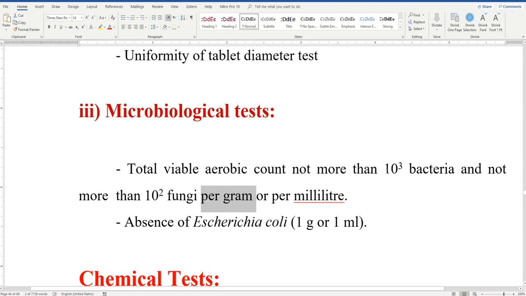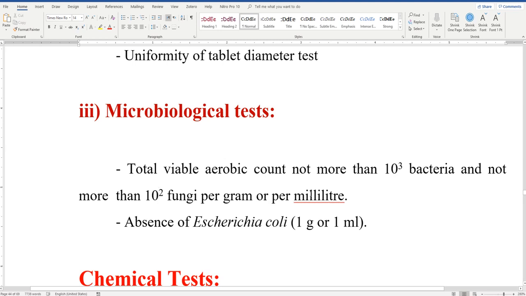So if you take 1 gram from the tablets and you test it for microorganisms, of course you will learn in microbiology how to take a sample from the tablet, how to culture it, how to put it in an incubator, and then see whether bacteria grow or not. Anyway, in 1 gram there should not be more than 10 to the power of 3, meaning 1000 bacteria, and not more than 10 to the power of 2, meaning 100 fungi per gram of the preparation.